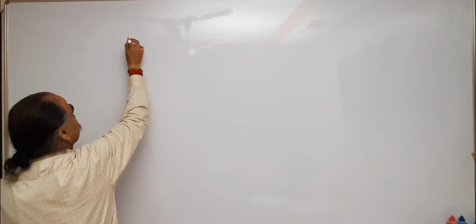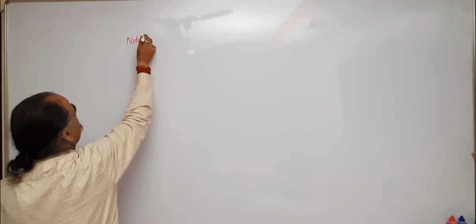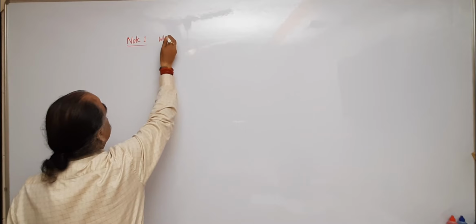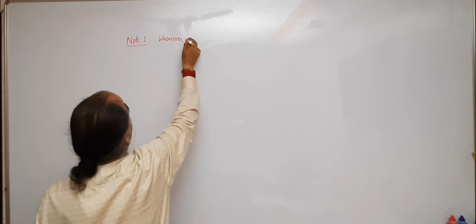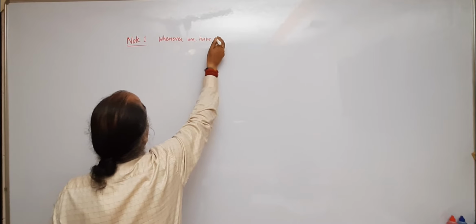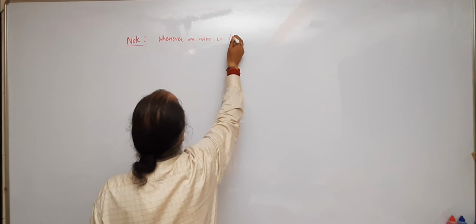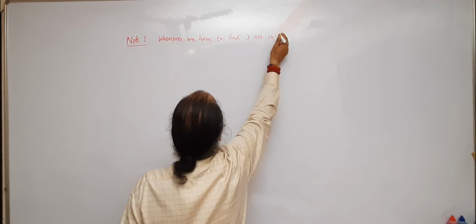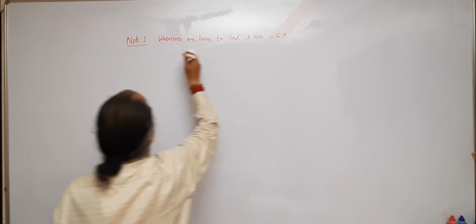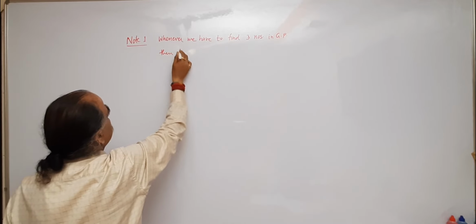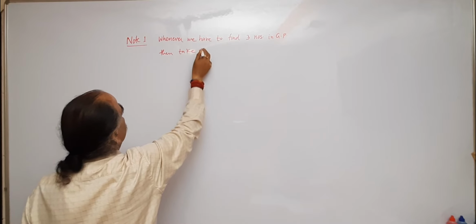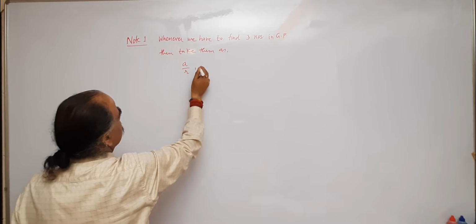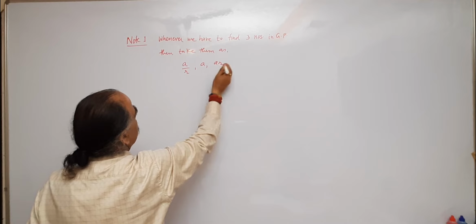Some notes are there. Whenever we have to find three numbers in GP, then take them as A upon R, A, AR.